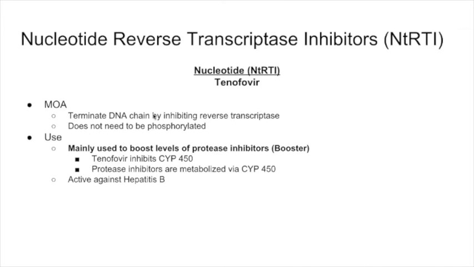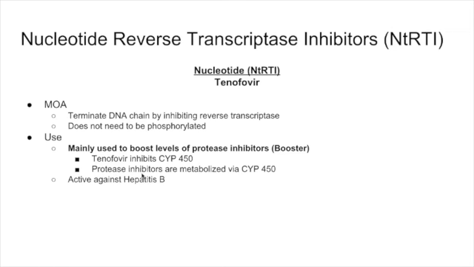Tenofovir is not really used as an antiretroviral, but it's mainly used to boost the levels of other drugs, the protease inhibitors. What do I mean by that? So we know that antiretrovirals have a lot of drug interactions, and they go through the CYP450 enzymes. Tenofovir has been found to inhibit some of the CYP450 enzymes that metabolize protease inhibitors.